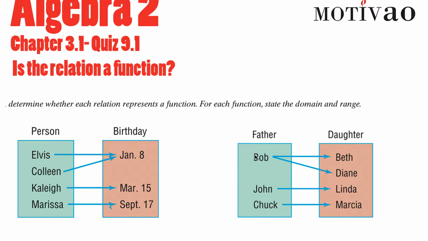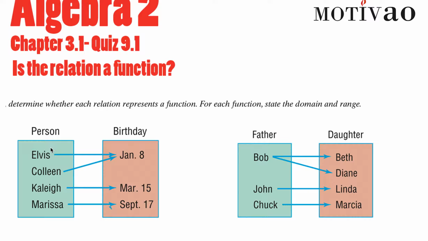Now, if the opposite happens, for example, father, here Bob has both daughters, Beth and Diane, this relation violates being a function because the input Bob has two different outputs, Beth and Diane. On this hand, this is a function because Elvis and Colleen only have one output, okay?